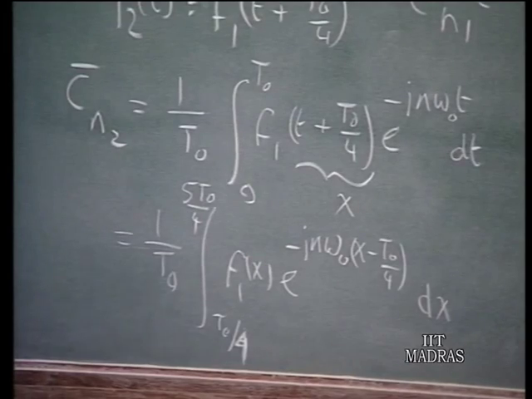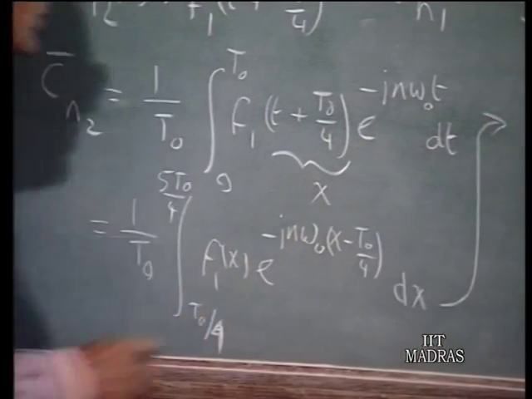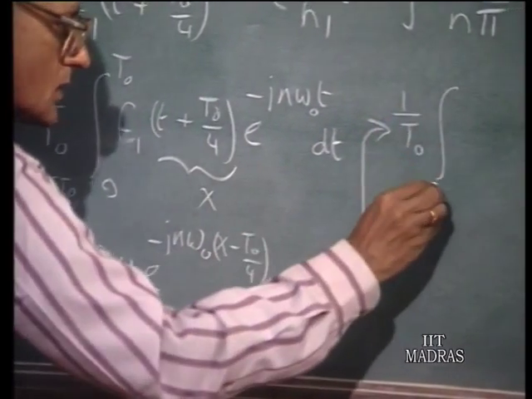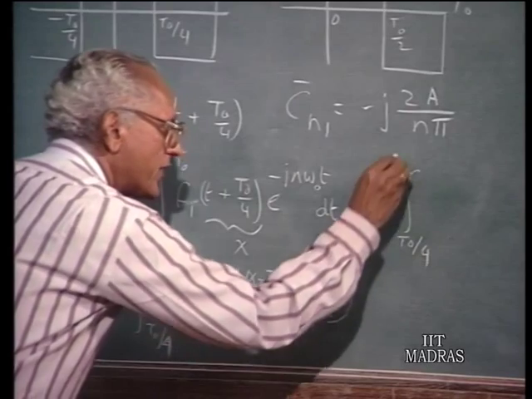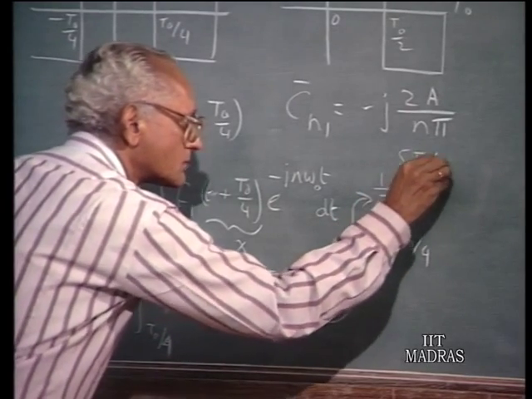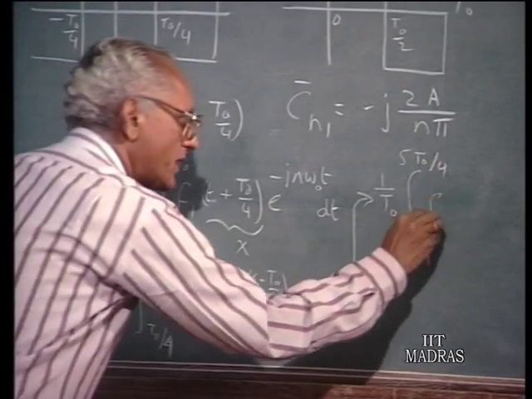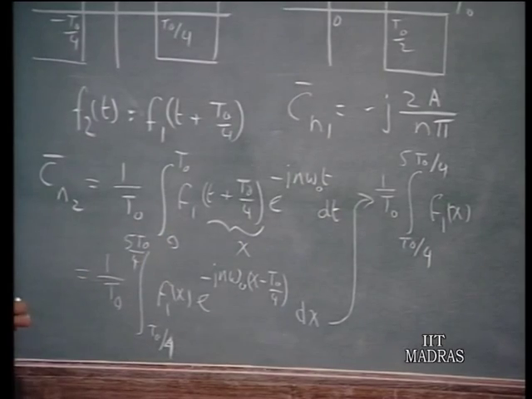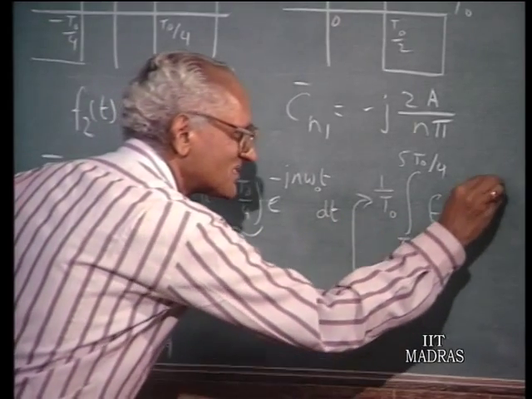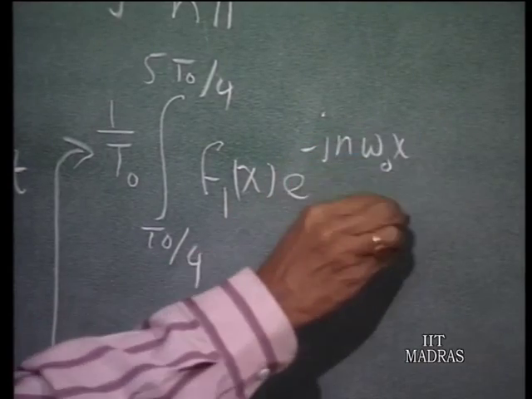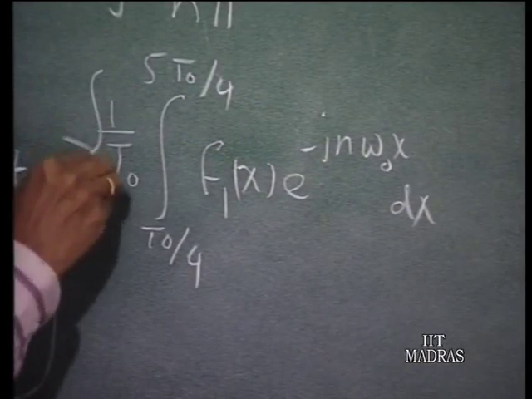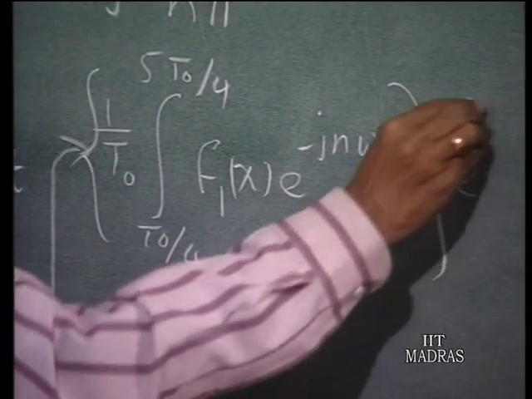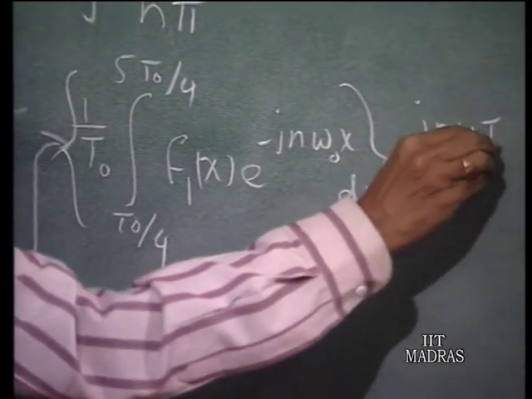And therefore, this will now be equal to 1 over t naught, integral from t naught upon 4 to 5 t naught upon 4 of f1 of x e power minus jn omega naught x dx, and the whole thing multiplied by a constant e power jn omega naught t naught upon 4.